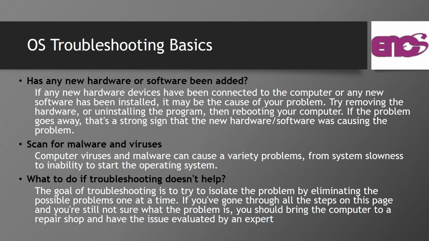What to do if troubleshooting does not help? The goal of troubleshooting is to try to isolate the problem by eliminating the possible. So even if you have gone through all these steps, I assure you, you can ask an expert. One of the things in IT you will learn to do is to ask people who know more than you or people who are more experienced.